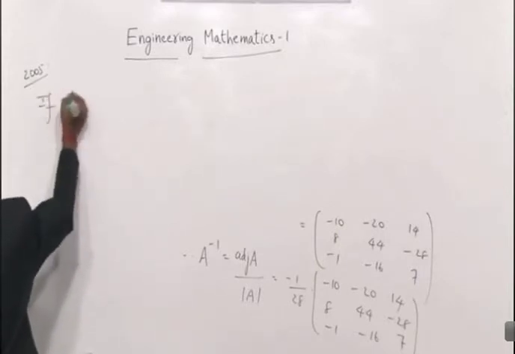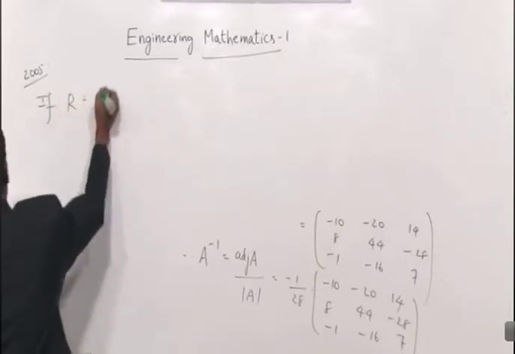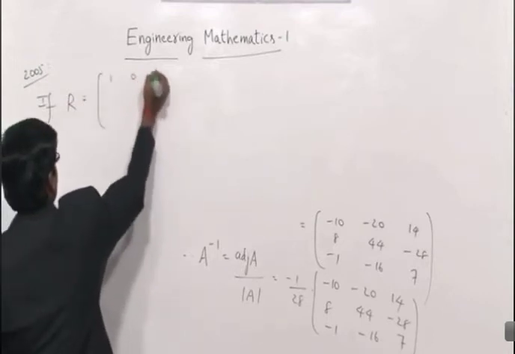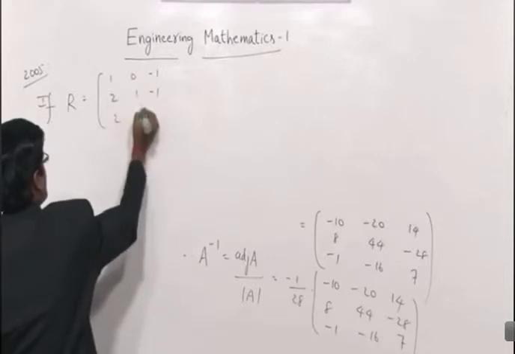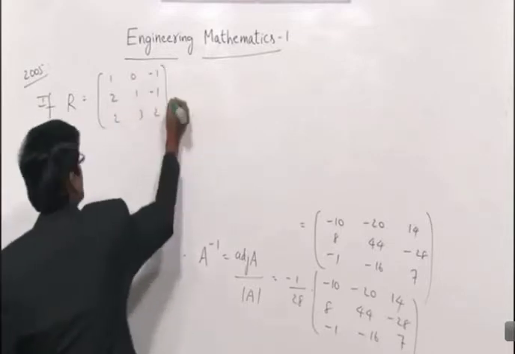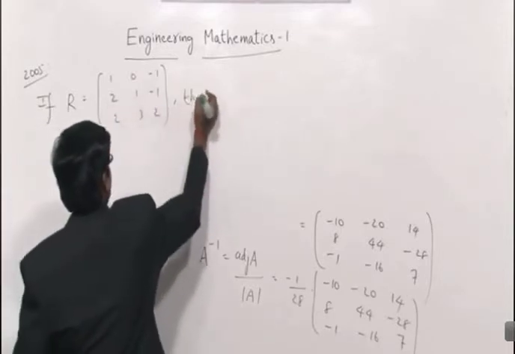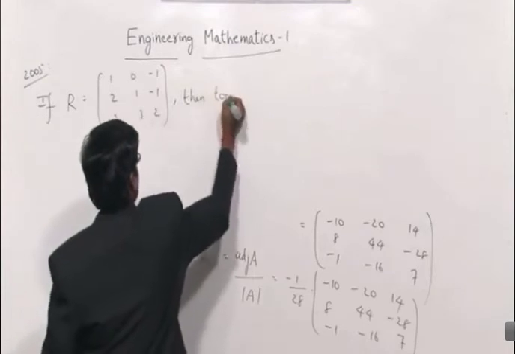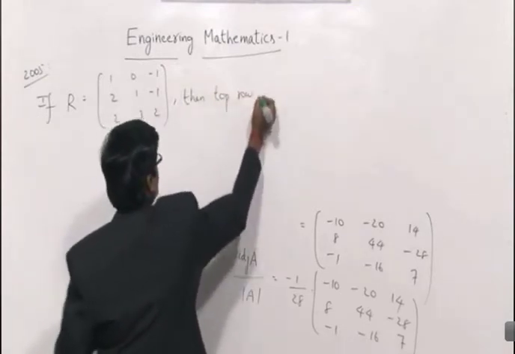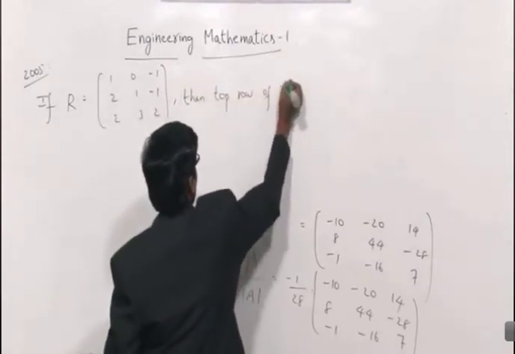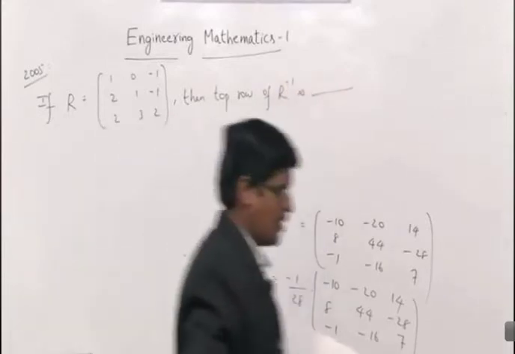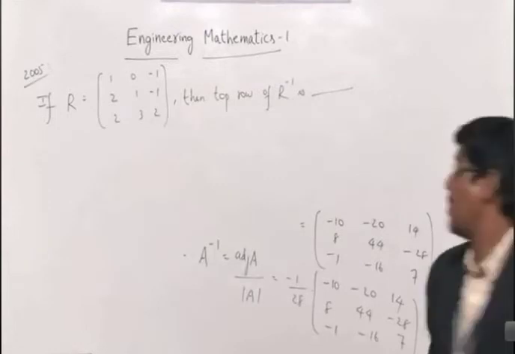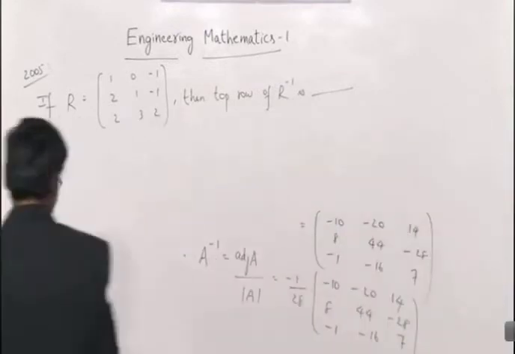If R is equal to 1 0 minus 1, 2 1 minus 1, 2 3 2, then the top row of R inverse is dash. That is fill in the blanks.